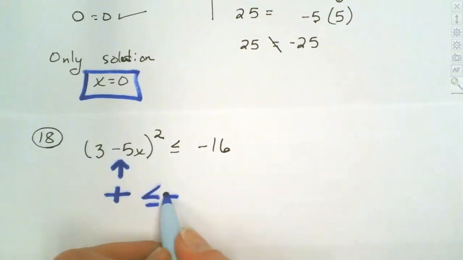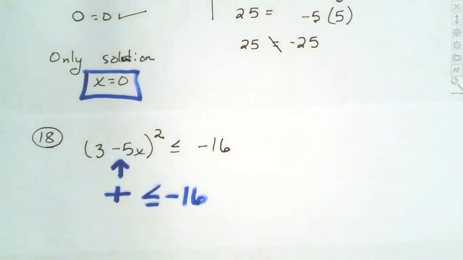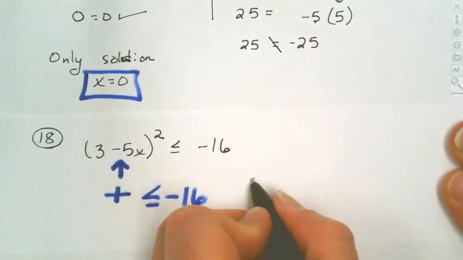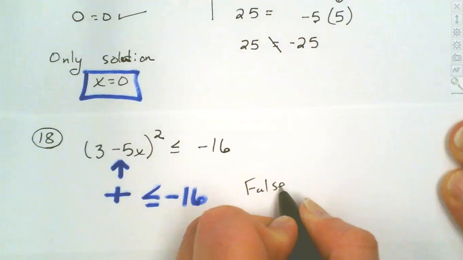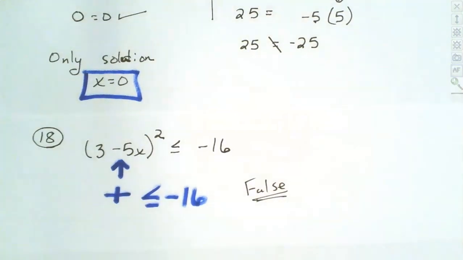Now, our positive numbers, are they ever going to be smaller than a negative 16? Can that ever happen? No, because a square is like an absolute value in a way. So this can never ever happen. So this then would be what?